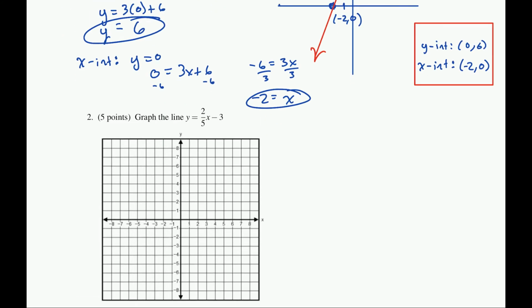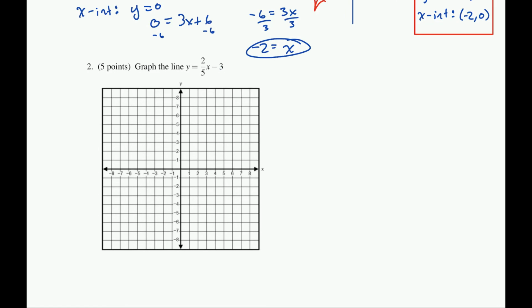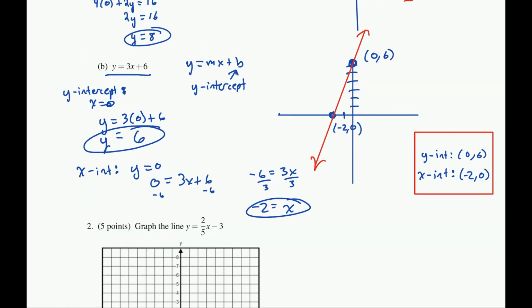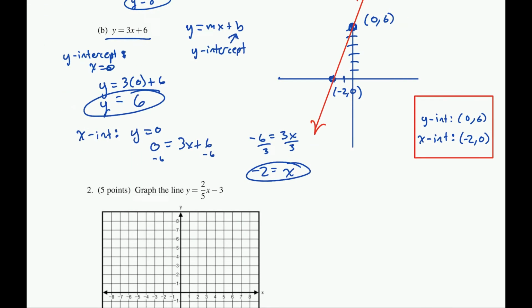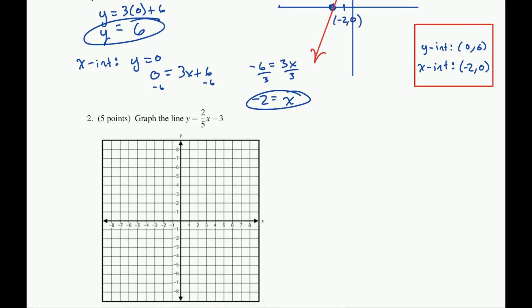Going on to problem 2, we need to graph a line. Well, we just graphed 2 lines actually, right? So you can do this one exactly the same way by finding the intercepts. Rather than finding the intercepts, I'm going to use the slope and the intercept here. Whenever you have y equals mx plus b, the m is the slope and the b is the y-intercept.